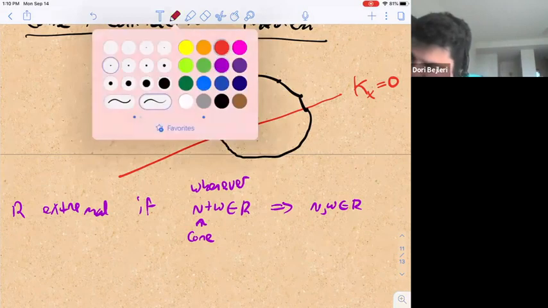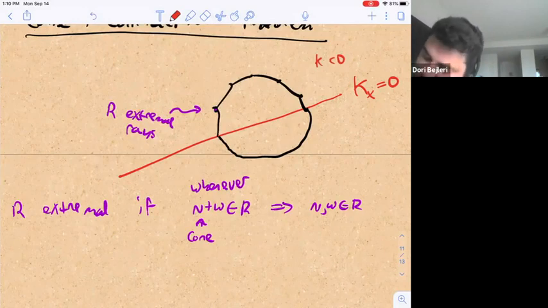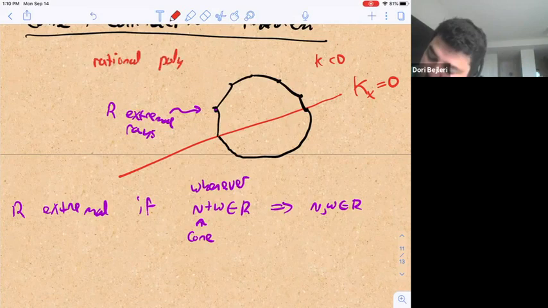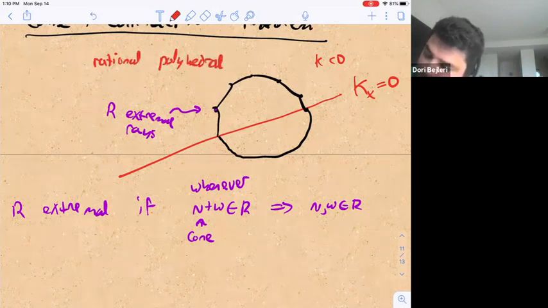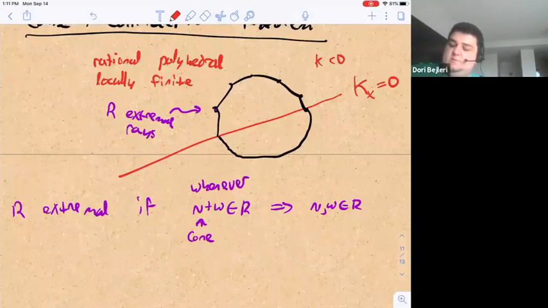And this K negative side of this cone has these extremal rays, it has these faces with rational slopes, and it's rational polyhedral. And I'll say it is locally finite. So there might be infinitely many faces, but the only way that you can have infinitely many faces is if they accumulate toward the K equals 0 hyperplane.